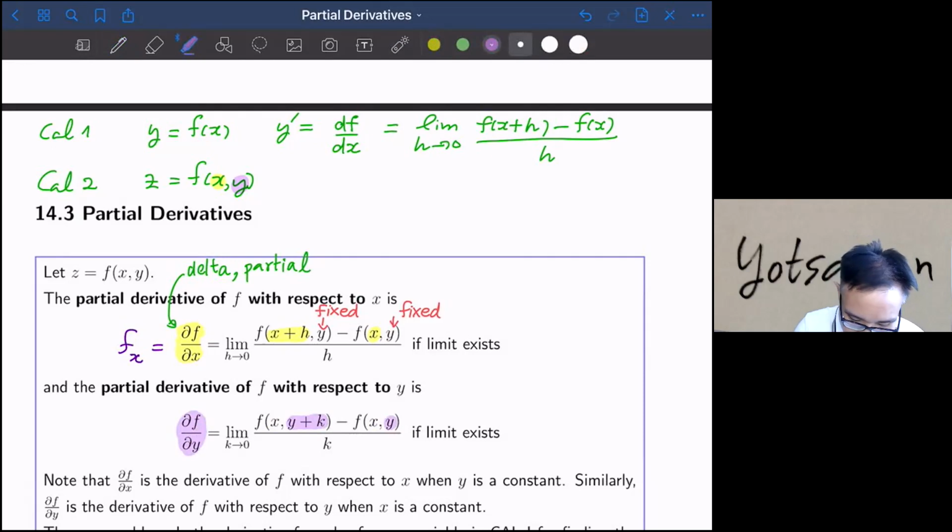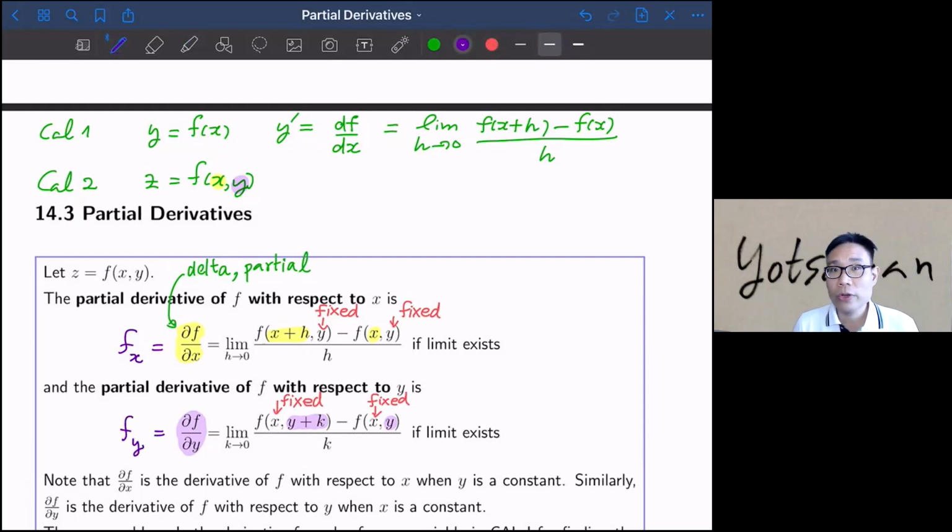And you see that we apply a similar technique here, where you fix x in the second case. You fix this x, and you study the change in y. For this one, we also use the notation f subscript y.